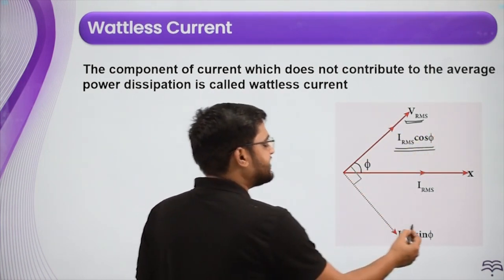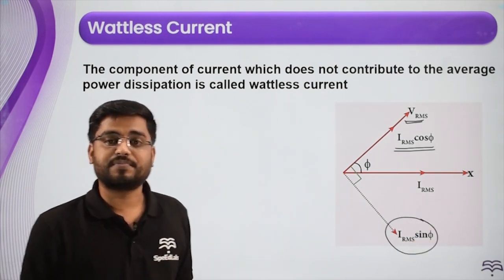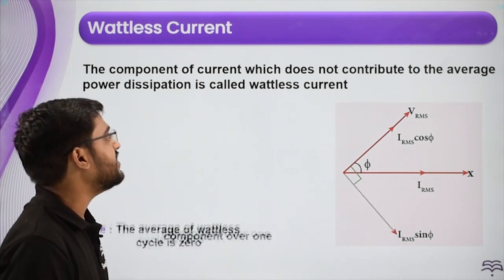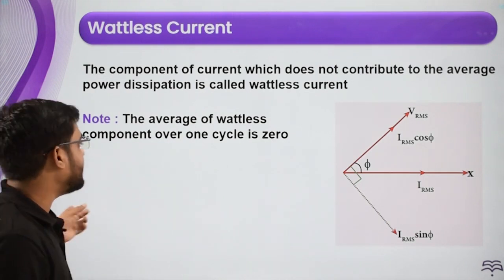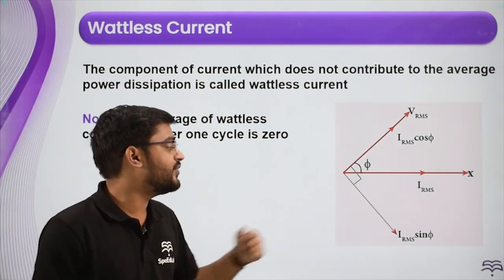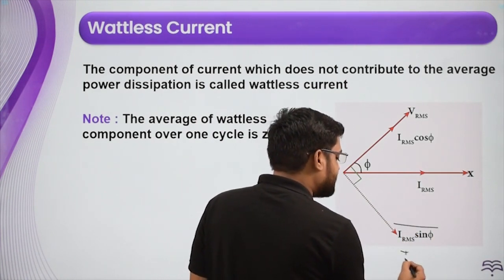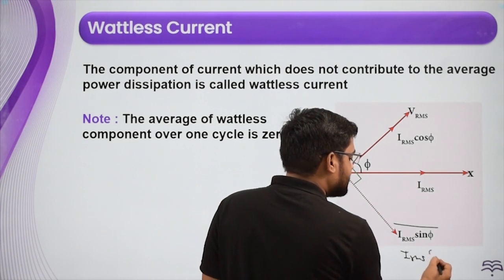What about the other component? This component will produce the wattless power, and hence this type of current is called wattless current. The average of the wattless component over one complete cycle is 0. When we find the average, the average of Irms is Irms, but the average of sin phi is going to be 0.